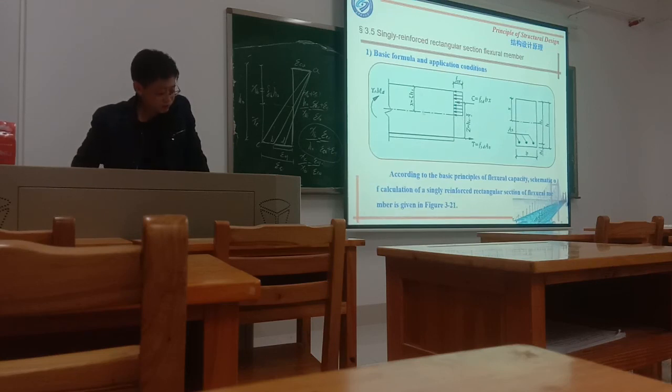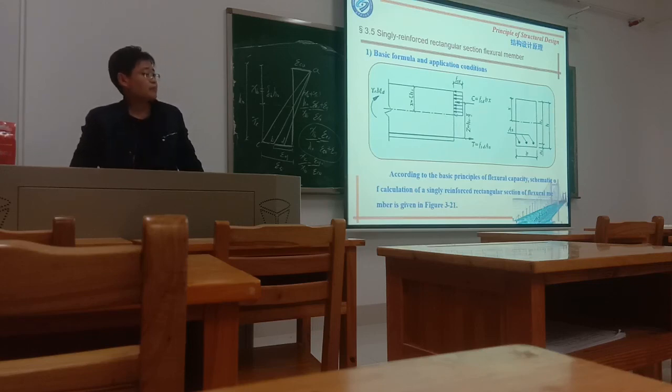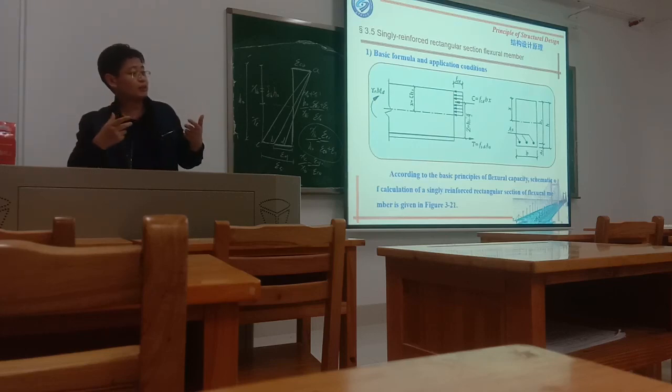You see, for this section, when you make the balance of the force, it goes to the tensile force, it goes to the compression force, and also it goes to the moment.